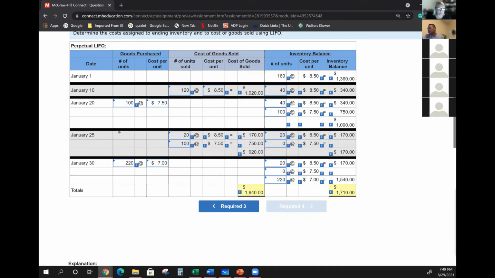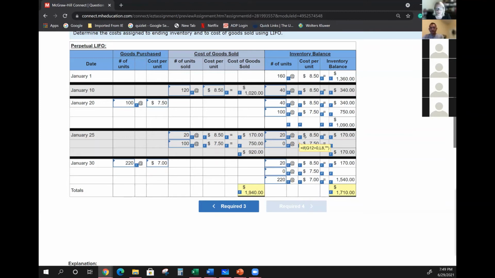Then when I make my sale on January 25th, when I sell that 120, am I going back to the beginning first? No, I'm doing last. What was the last purchase? The 100. So I know I'm pulling those 100 at 7.50. The remaining 20 are going to come from the batch before it. Y'all got it?